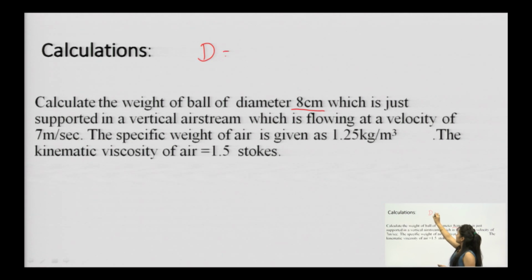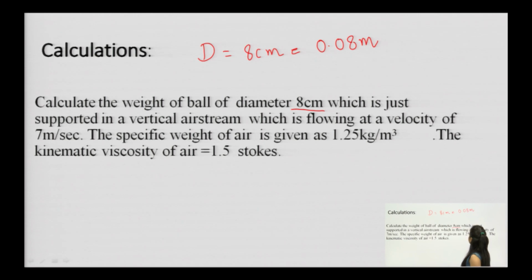You are given the diameter as 8 centimeter, let us convert it into the standard unit, that is 0.08 meter, which is just supported by a vertical air stream flowing at a velocity of 7 meters per second. We need to calculate the weight of the ball.